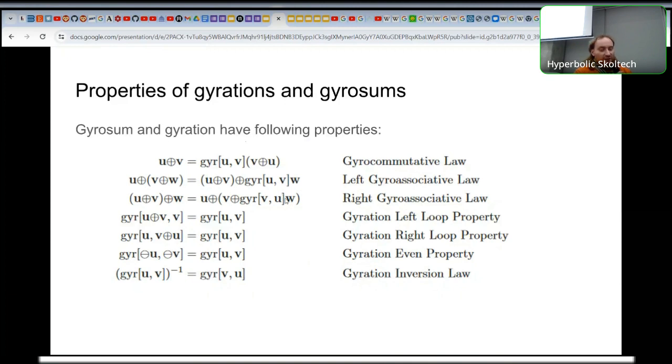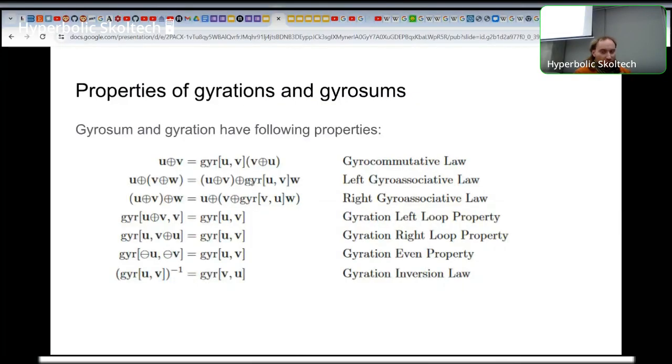Actually, probably some physicists just computed this associative law, derived it, and showed it to Professor Unger, and he watched it through. Actually, he was mentioning something about this in his articles. Yeah, so here is also the right gyro associative law, and this looks very similar.